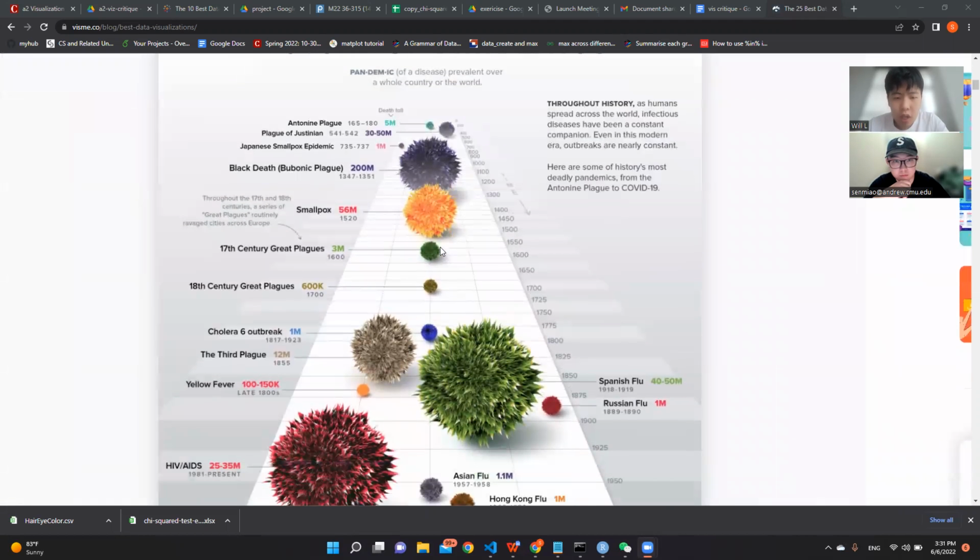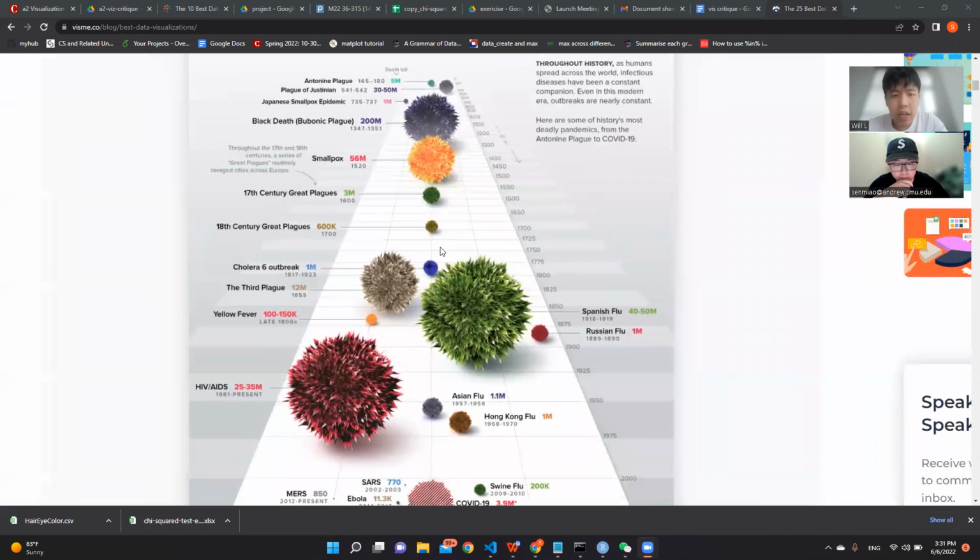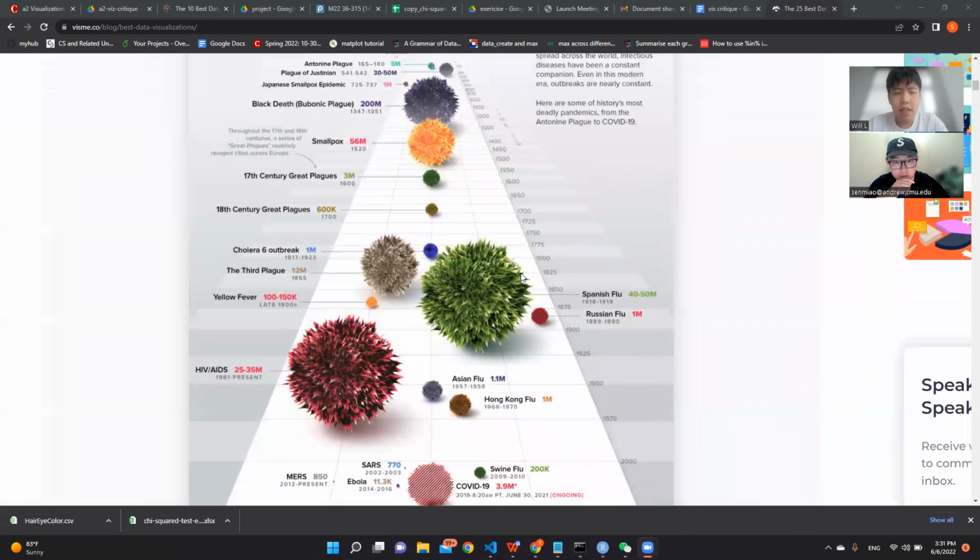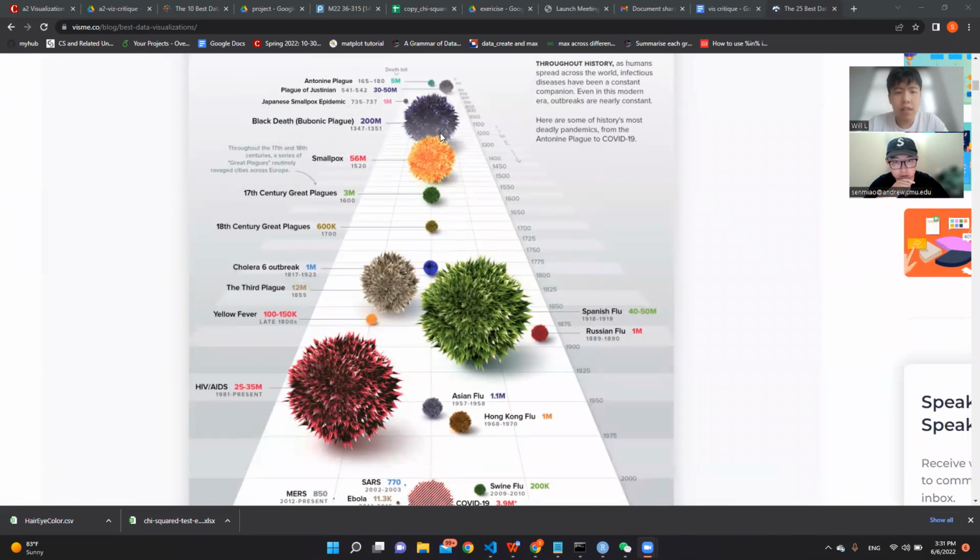In this graph, one can also see that there doesn't seem to be a relationship between the size of the particle and the time as it progresses, because you can see that as time increases, the particle size doesn't necessarily decrease.